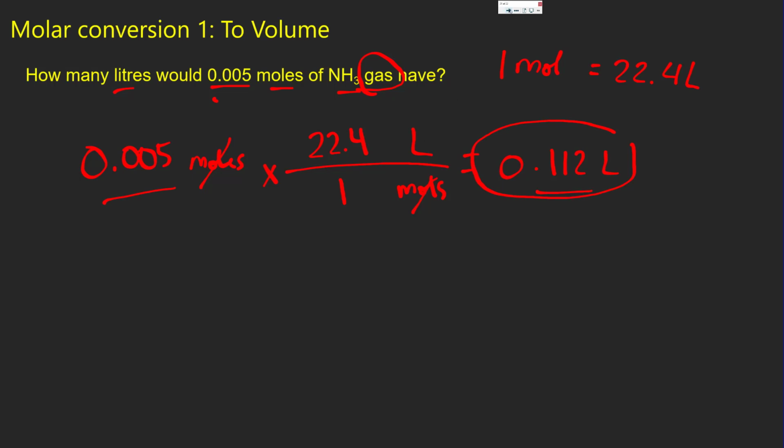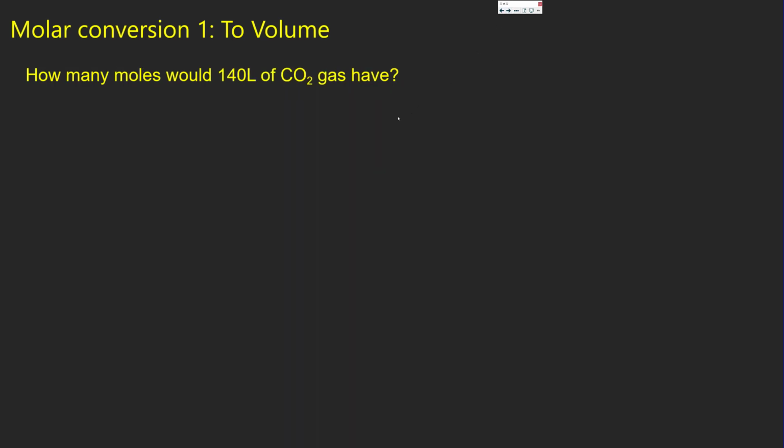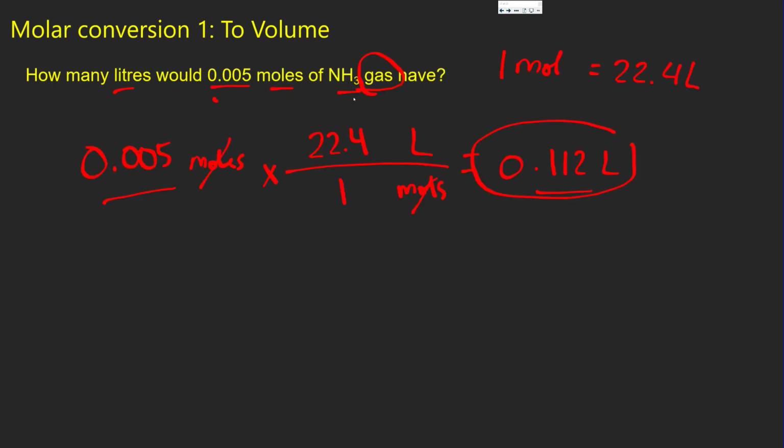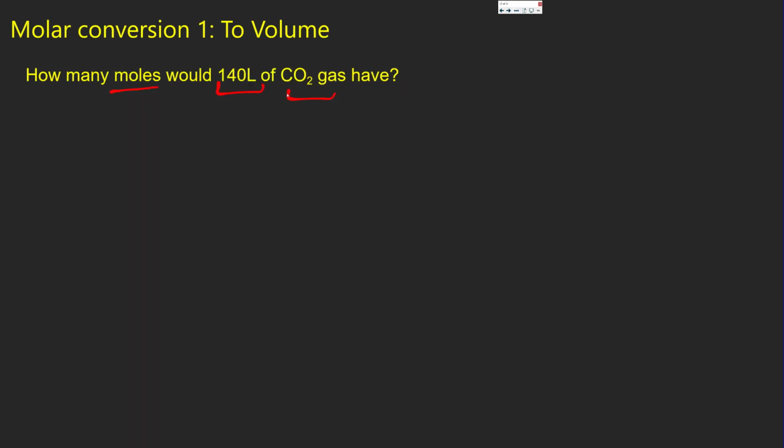Let's look at another example. This one is going the other way: you're looking for the number of moles, and you're given the volume of carbon dioxide gas. You notice that it doesn't even matter what element or compound I have. I can have ammonia, I can have CO2. It doesn't matter how I convert this to moles, because remember, the liters is going to be the same.